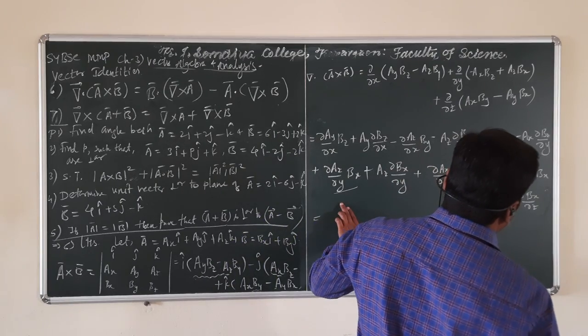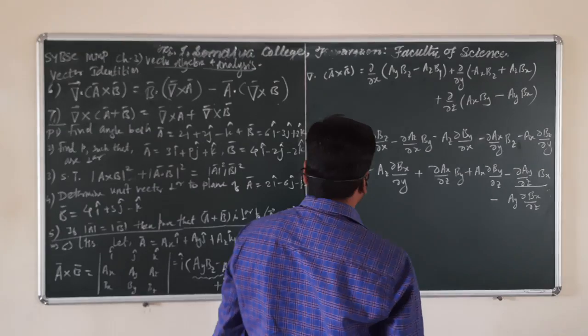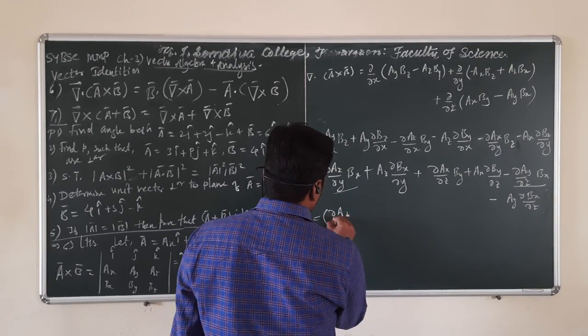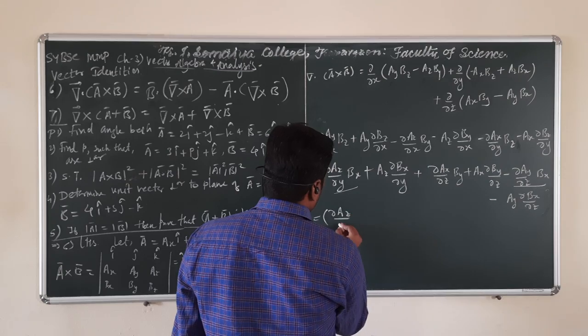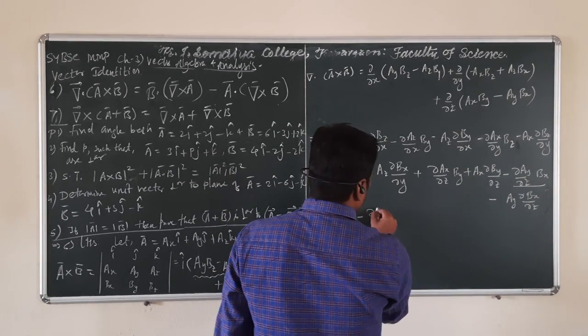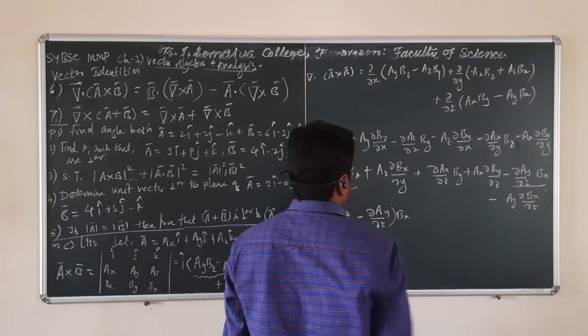Okay, and another term for bx is there. So I will write this as partial derivative of az with respect to y, minus partial derivative of ay with respect to z, multiplied by bx.